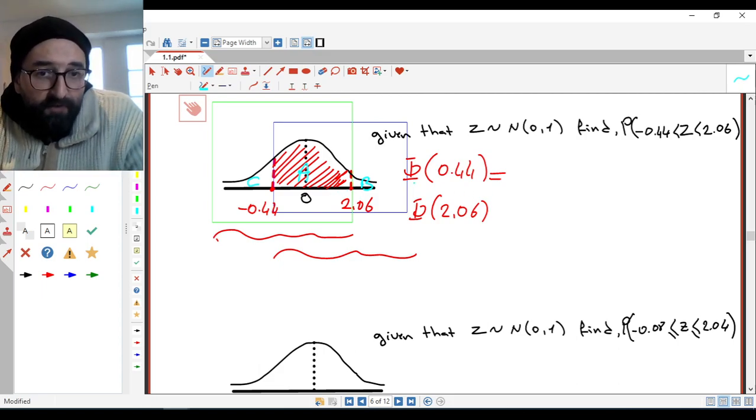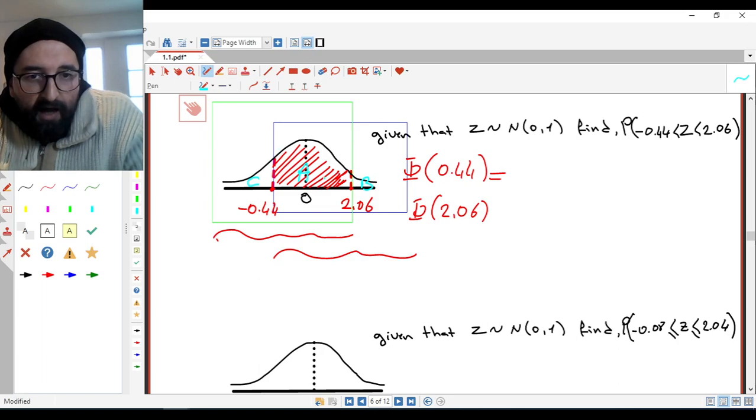If I find phi negative 0.44, I can find A plus B, the big area.